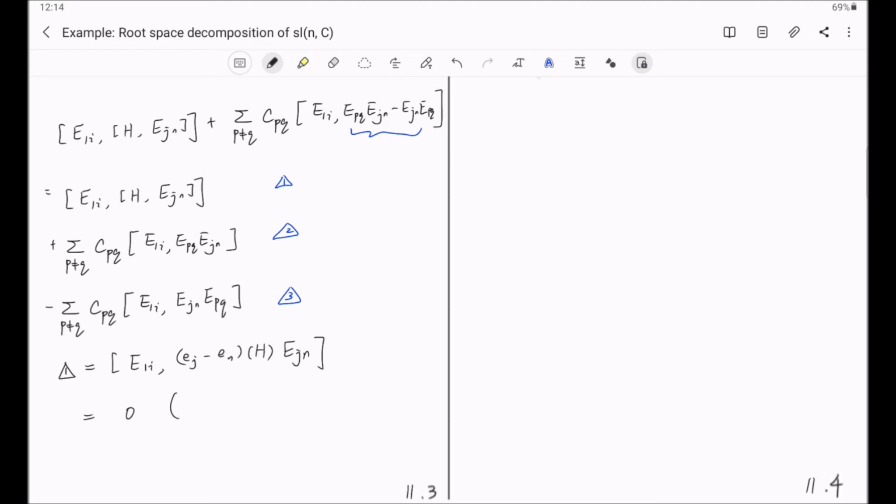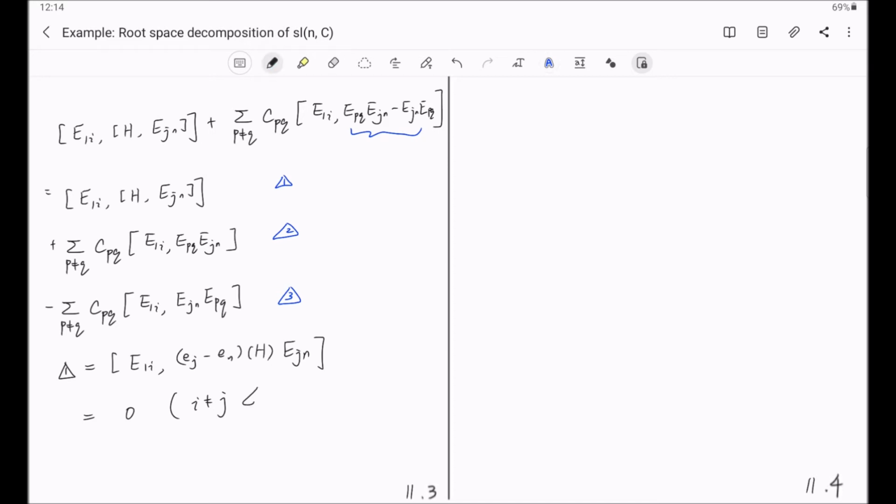This is because if you look at this bracket, if you pull out this constant outside, on one hand, i is not equal to j. So the matrix E sub 1i times E sub jn is equal to 0.